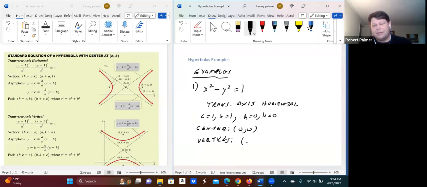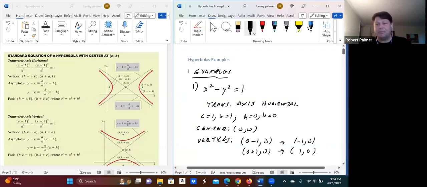So h minus a, that's 0 minus 1, since h is 0 and a is 1. 0 minus 1 and 0, since k is 0. That gives one vertex, negative 1, 0. And the other vertex is h plus a and k. It's going to be 0 plus 1 and 0. And this means the other vertex is going to be 1, 0. And that makes sense. There's a symmetry there.